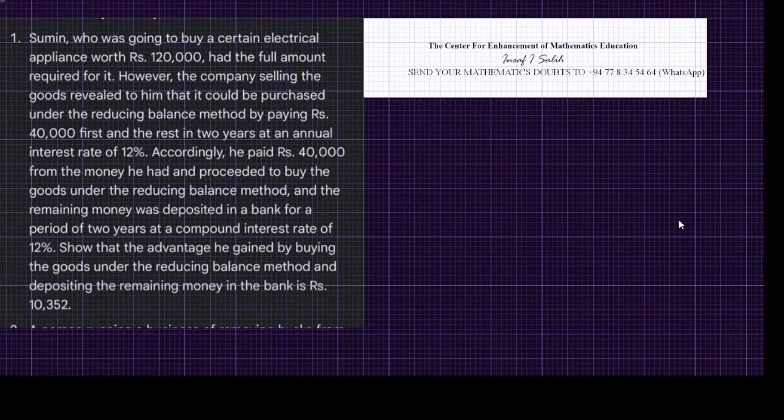Right, so let's look at this question. We have been told the item's price is rupees 120,000. If you are buying by paying cash outright, the price is 120,000, but this customer is not paying cash outright.